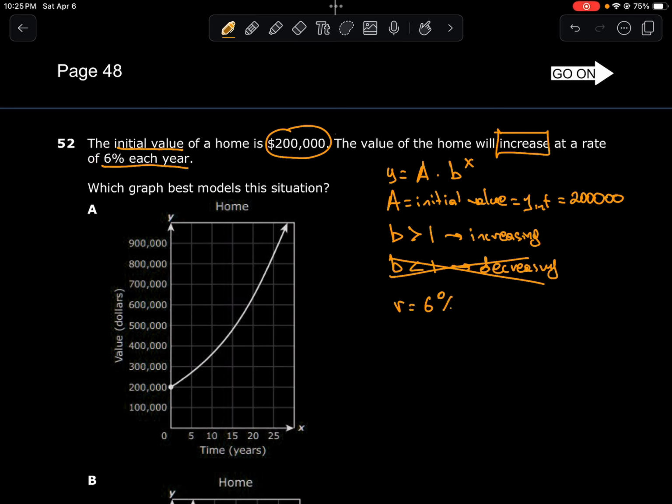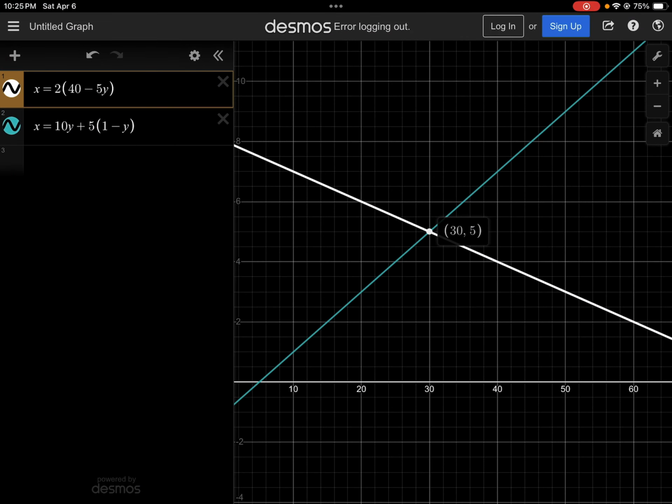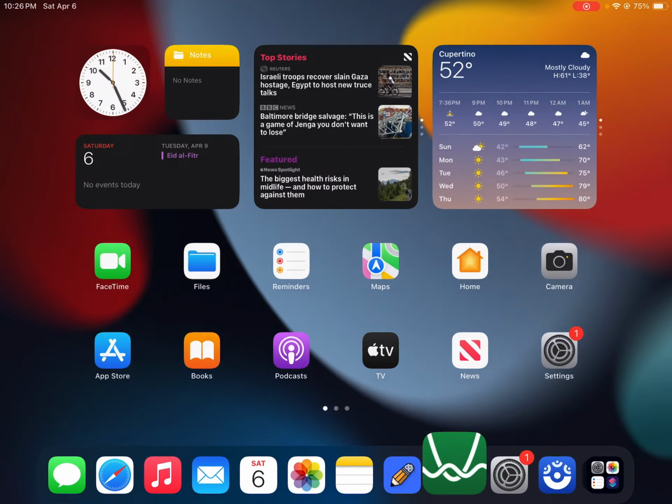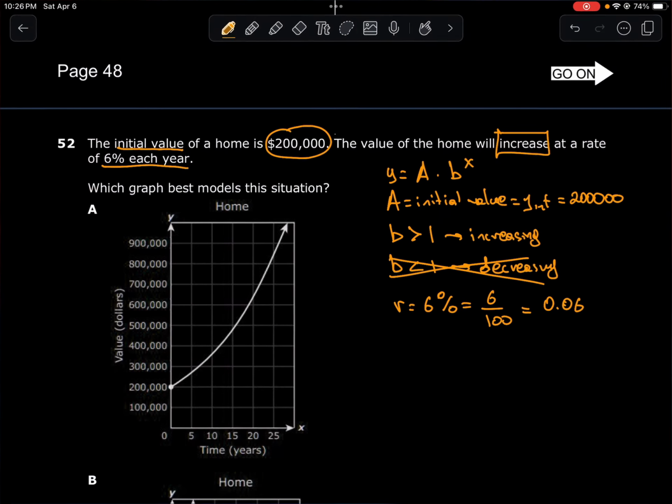6% I can write as 6 over 100, which is 0.06. Why do I need this rate? Because the rate is related to the base.